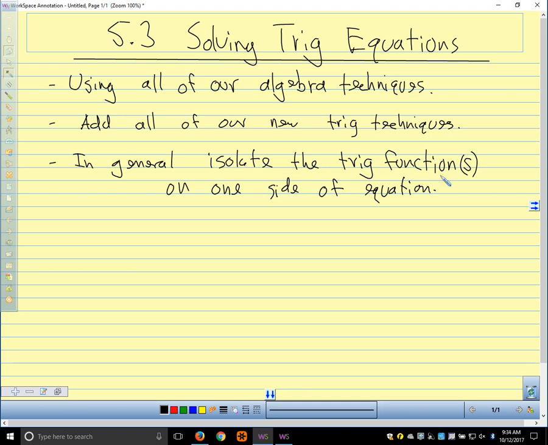And then, in order to solve this, we're going to find all angles that make the equation true, including coterminal angles.